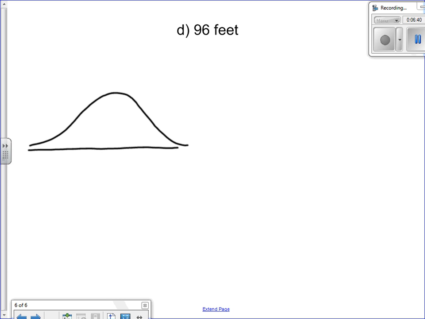And just for the sake of finishing the problem, here's 96 feet. One thing we should anticipate, we are above the mean, so we should be looking at a positive z-score. Using my empirical rule, I can set part of that up. We are just over 2 standard deviations away. So our z-score, if we could anticipate, should be something just over 2.